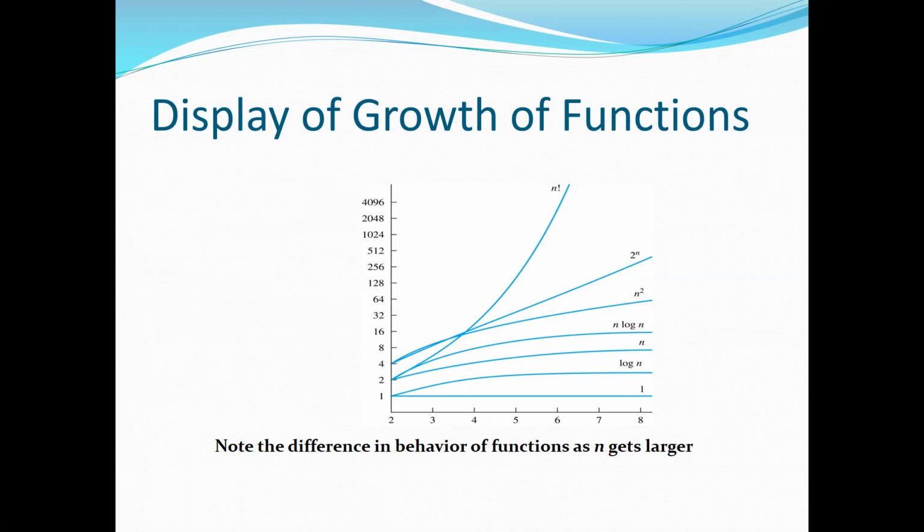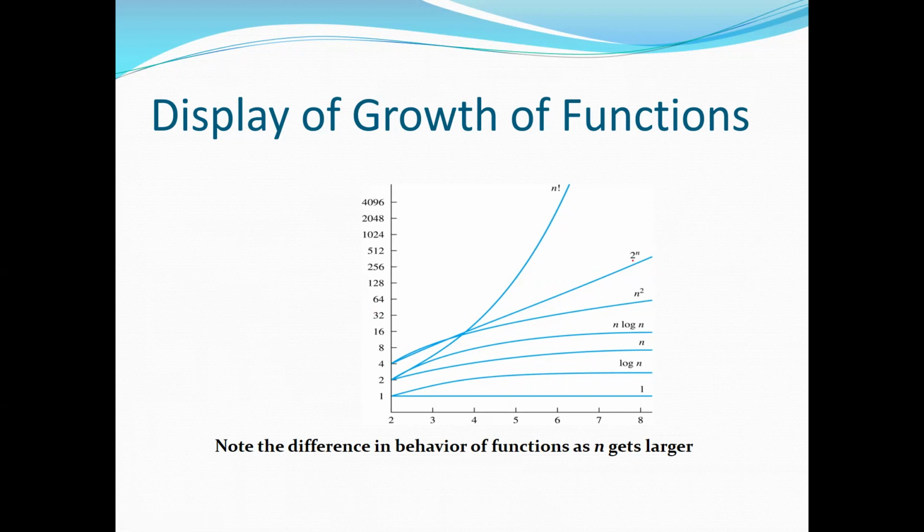Based on this we can see there are different classes of functions based on the order of growth. One is the constant class, right? That is the best class. Then the logarithmic class, then the linear class, then the linear logarithmic, then the polynomial class, to the power of n.